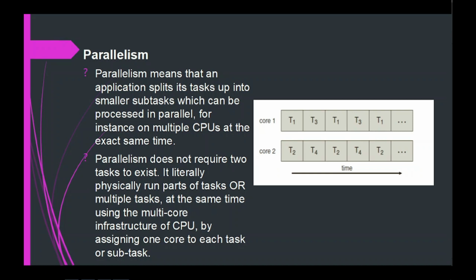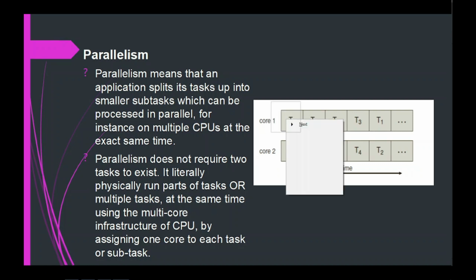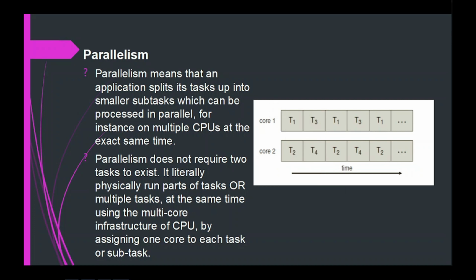If your processor has two cores, then the runtime of the parallelism is that, as you can see in this figure, in core 1 the task comes in, and task 2 goes to core 2.